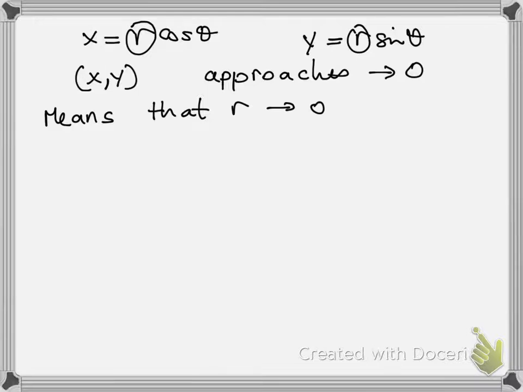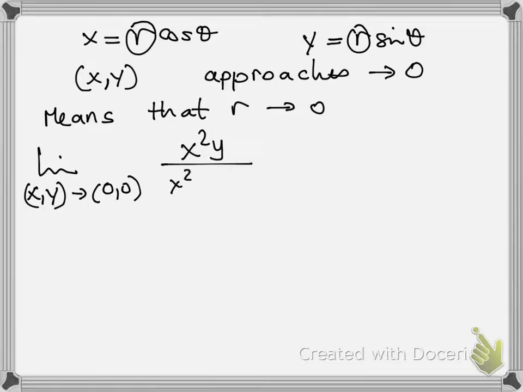So what I'm going to do, I'm going to start with the limit as xy goes to 0 of x squared y over x squared plus y squared. I'm going to change coordinates. X is r cosine of theta, and y is r sine of theta.